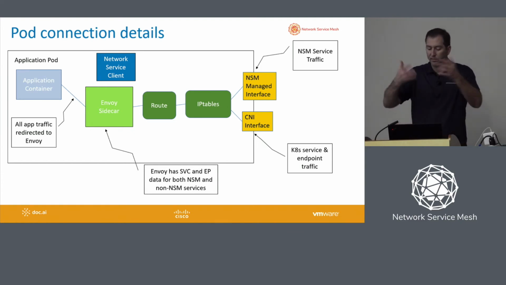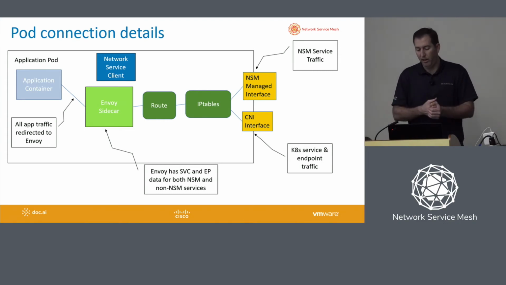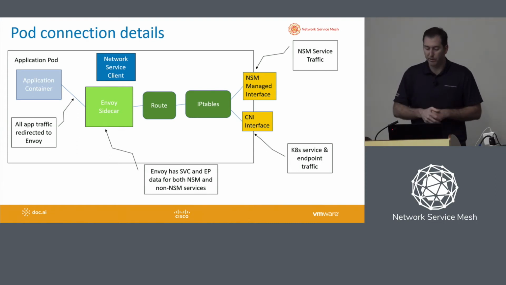We represent it as two blocks, but really they are stages in the IP tables workflow. You're able to manipulate how the networking stack functions by programming IP tables, and that's what Istio does.